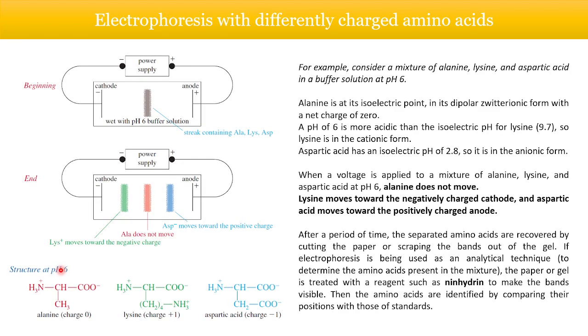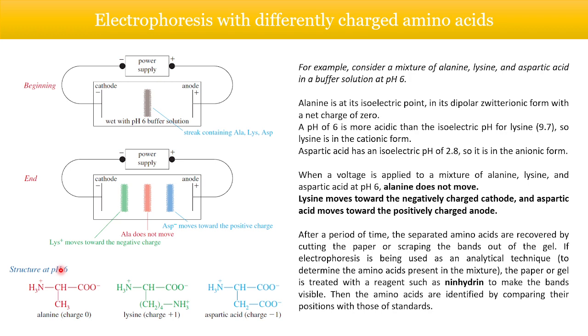And now let us study electrophoresis with differently charged amino acids. We know that there are negatively charged amino acids as well as positively charged amino acids. The negatively charged amino acids are called the acidic amino acids, and the positively charged amino acids are called the basic amino acids.